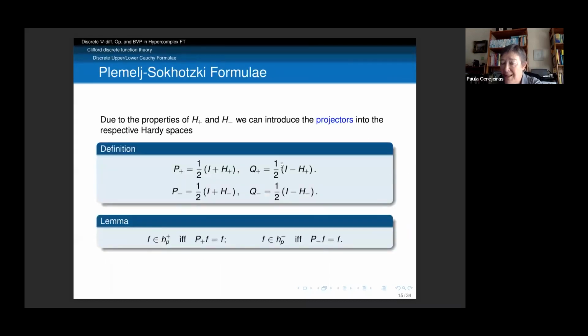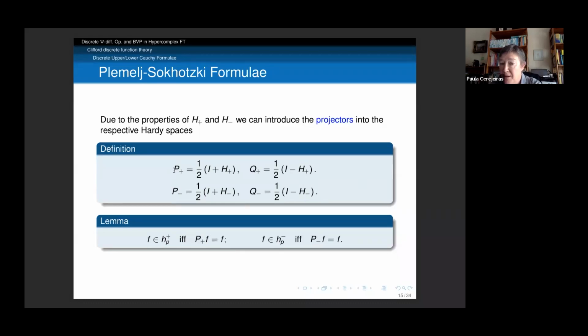So the nice property is that now that you have the Hilbert transform, you can define the Hardy space projectors, P and Q, and you have something funny when you compare the cases of the upper half plane with the lower half plane.